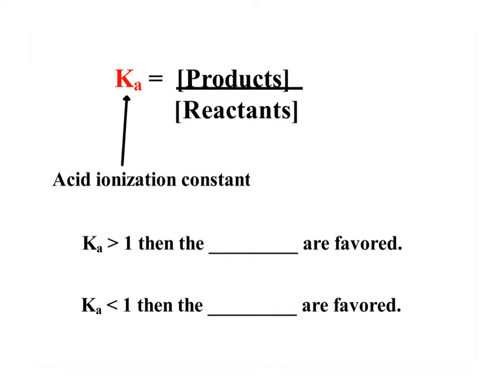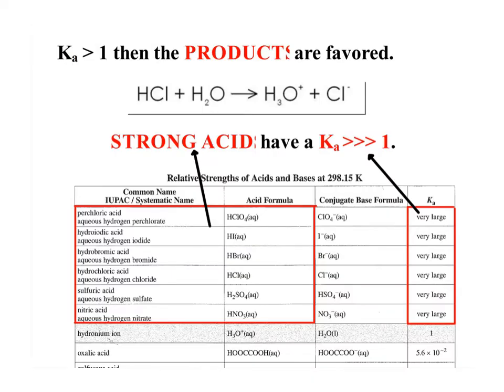So if they give up a lot of protons, they're going to produce a lot of products. Remember, if Ka is greater than 1, then products are favored. And if Ka is less than 1, then the reactants are favored. So strong acids ionize greater than 99%, produce a lot of products.